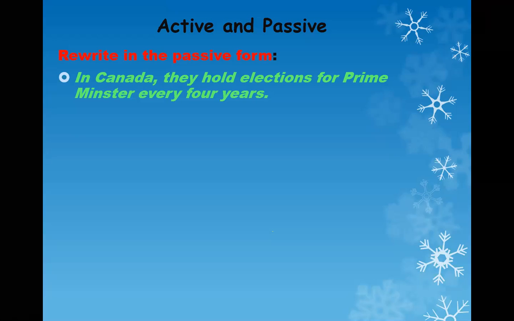So we will put the verb to be, am or is or are, in the present. So elections, am or is or are? Is. Elections, they are plural. Oh, are. Elections are, and what is the past participle of hold?